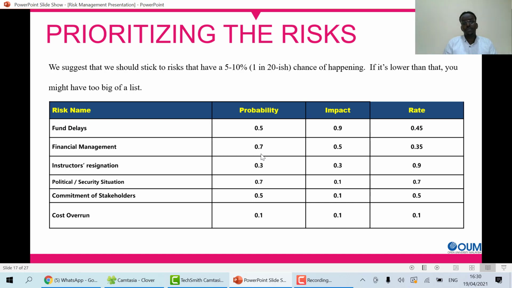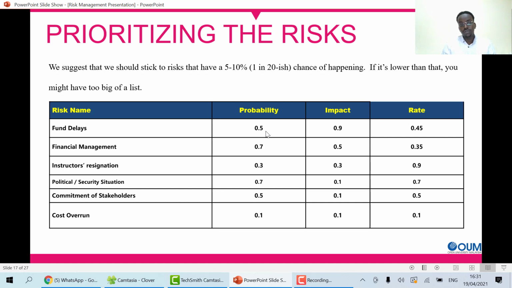The first possible risk that can affect our project or program, and the one with the highest rate, is fund delays. The probability that fund delays can occur is 0.5, and the impact or effect of this risk is 0.9.